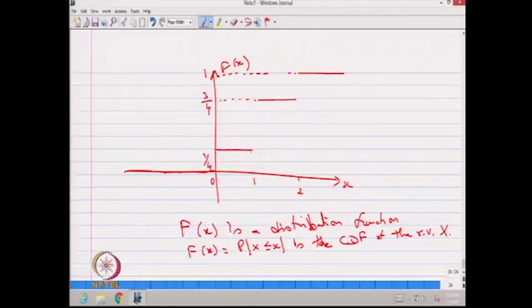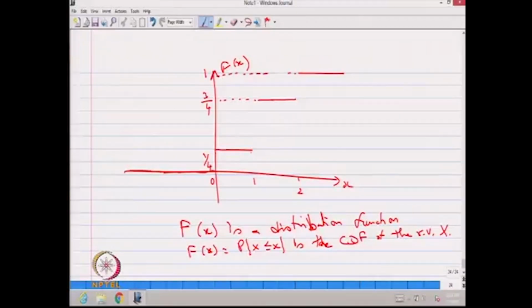Similarly, we can create examples for a CDF which is a continuous function. Similarly, one can give an example for a CDF which is continuous in some interval and has jumps in some other interval. We can create these.